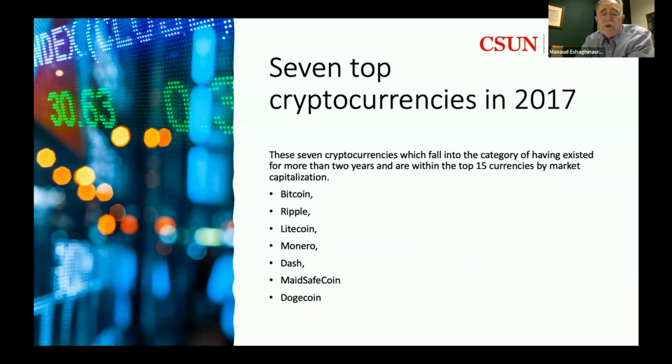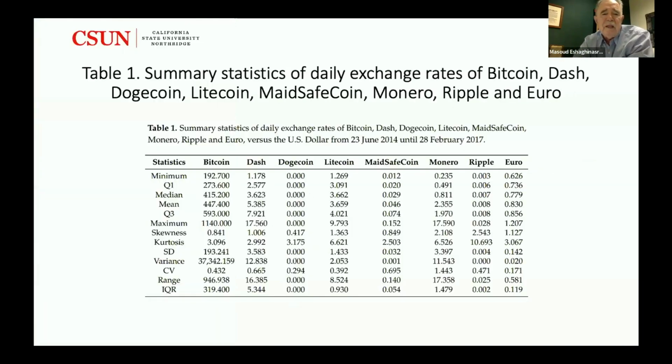I add one more coin, because the top coins have changed a little since those years. So this is the summary statistics of the daily exchange rate for Bitcoin and Dash. I copied this from the previous research.